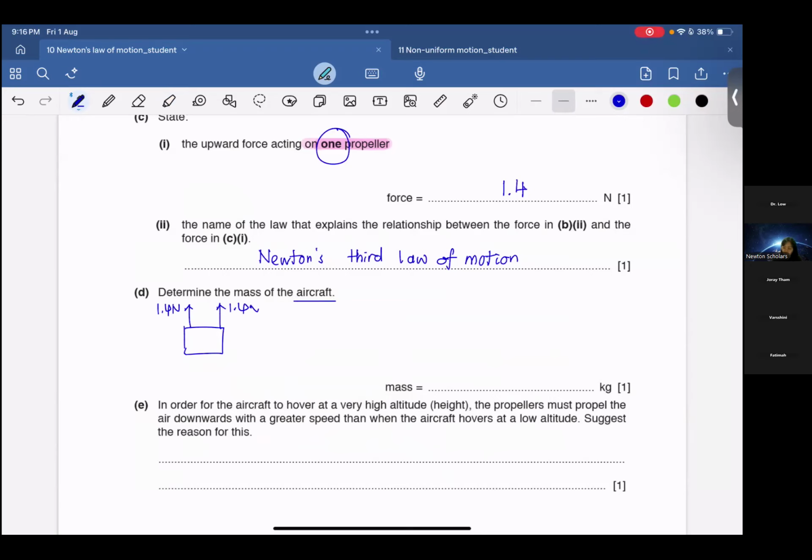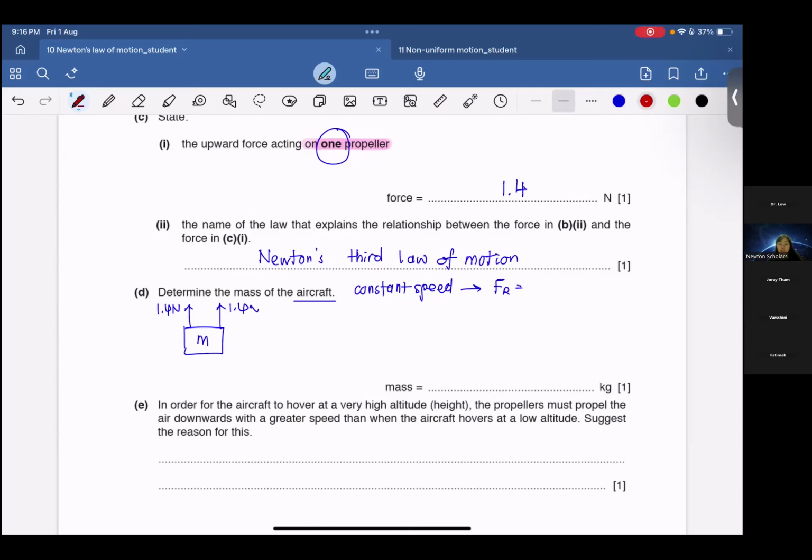Okay, the question is asking, what is the mass of the aircraft? Boys and girls, it is moving with constant speed. So relate what I told you just now: constant speed, the force is what? Is it balanced or unbalanced? What is the resultant force? What is your downward force? What is your mass?